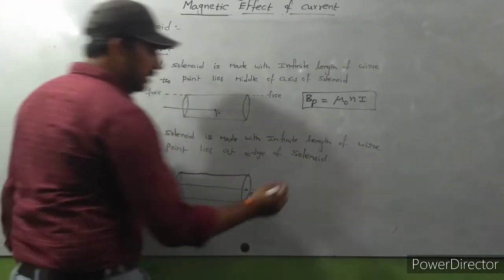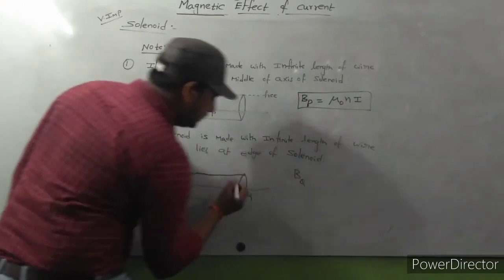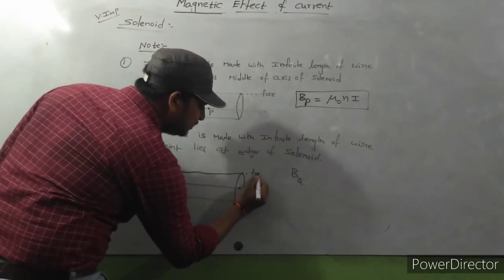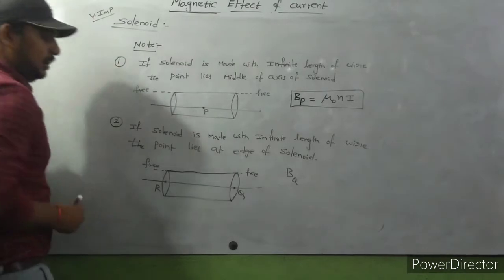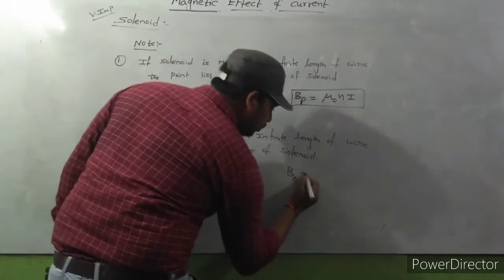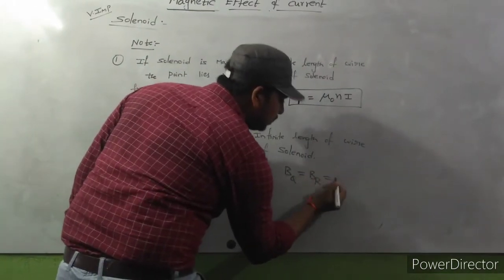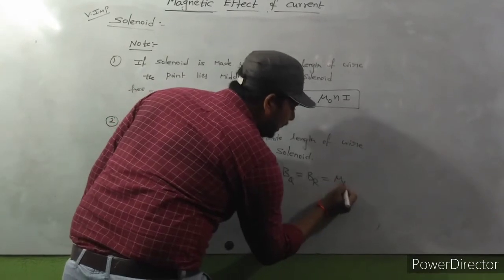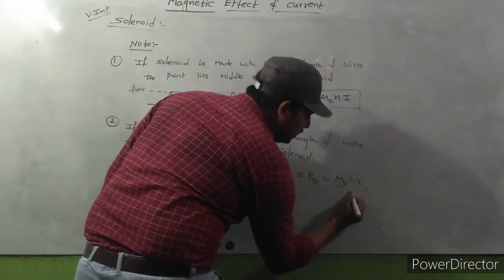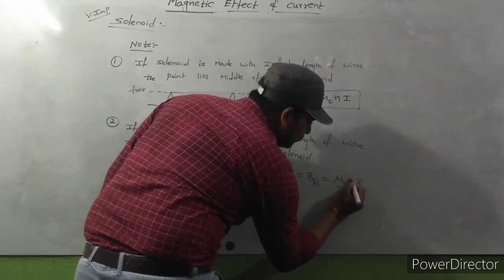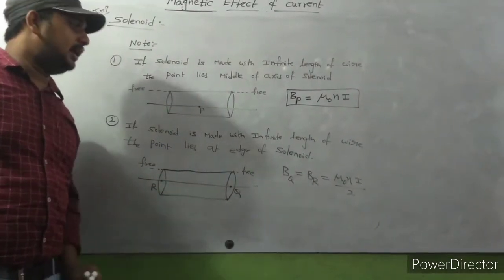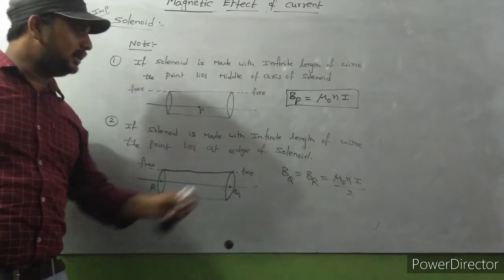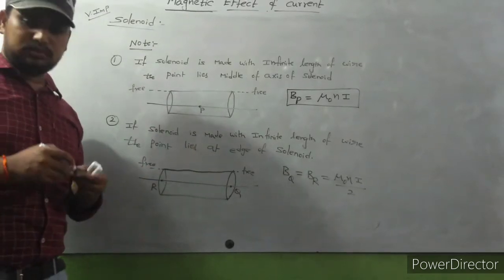At this position, the magnetic field at Q, this is also infinite, so this is a free end, and this is also a free end. Then BQ is equal to BR is equal to mu naught n I by 2. If the point lies at the edge of the solenoid, then the magnetic field at that point is mu naught n I by 2.